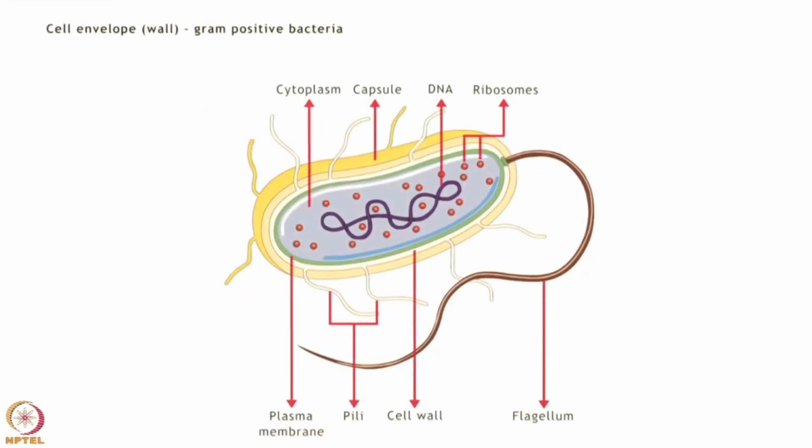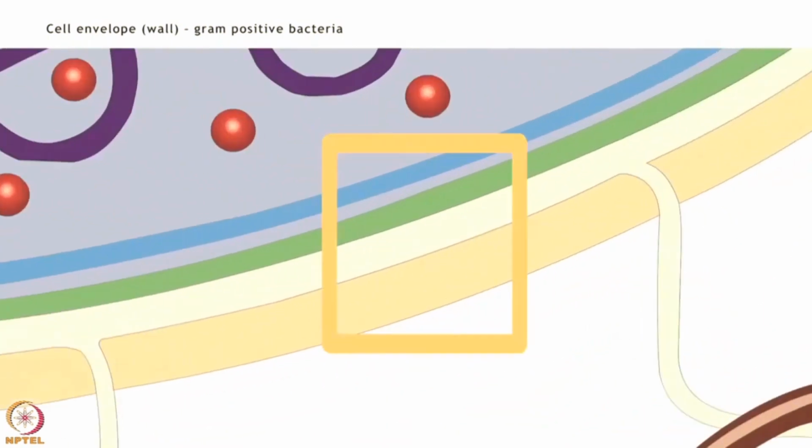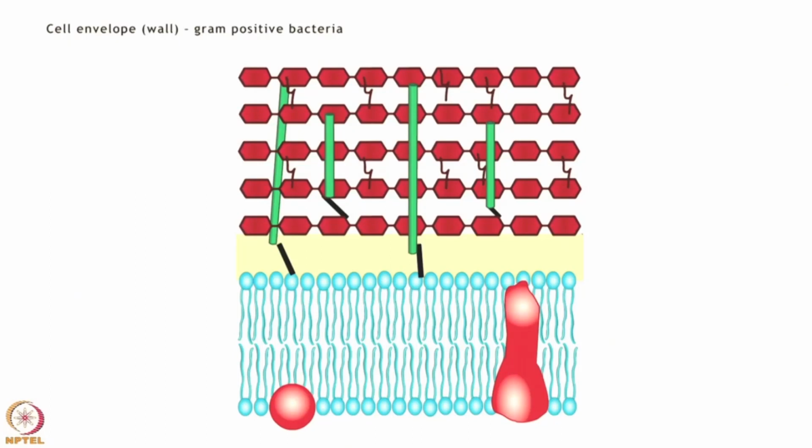Bacteria can be divided into two major groups based on the structure of their cell wall and thereby their response to Gram staining. The cell wall of Gram-positive bacteria is composed of mainly polysaccharides and glycosylated molecules. It is made up of a single 20 to 80 nanometer thick homogeneous layer of peptidoglycan.